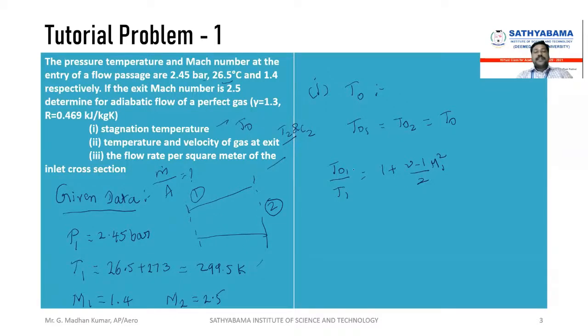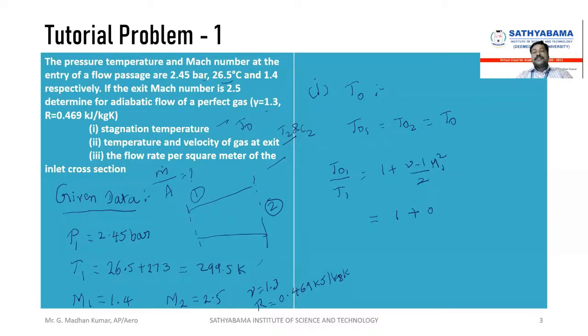So you are going to find the stagnation temperature now. It's very simple. You just substitute the values. What is your value of gamma? Gamma given here is 1.3. And then what is your R? R is also 0.469 kilojoule per kilogram K.